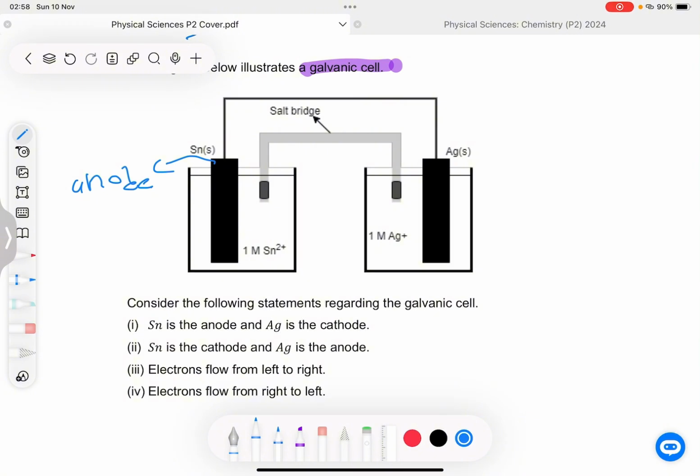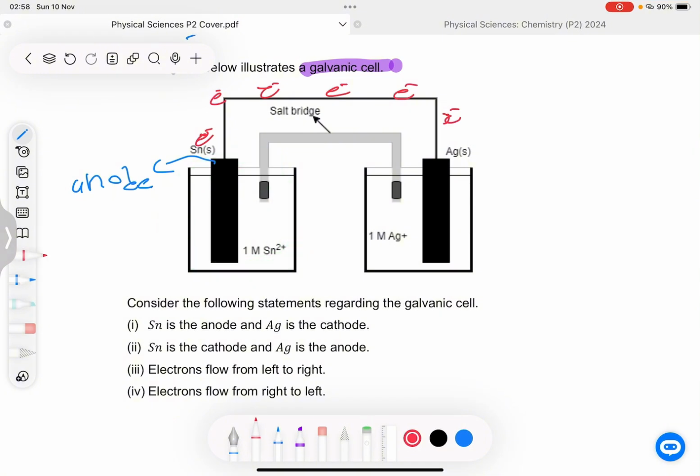Now this would mean that it will push electrons away, because it's more negative, as this reaction occurs here. These electrons will then get into the wire and travel in the wire coming to this side here. So what does this mean?